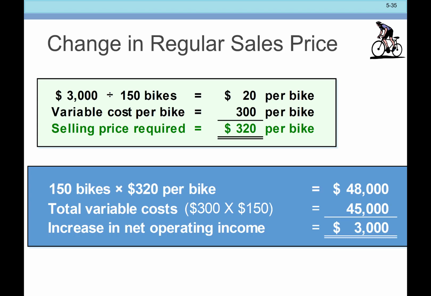I don't know how many bikes I'd have to sell, but that contribution margin has come way down, right? In fact, I don't know if the math would work. I'd have to sell 10 times the number of bikes, because my contribution margin was 200. I was willing to accept a contribution margin essentially of $20 per bike here, right? Because I'd already covered my fixed costs. So what do I tell the guy?